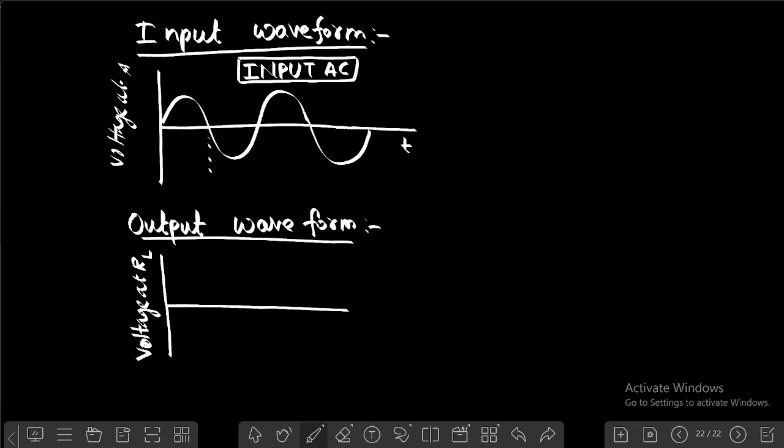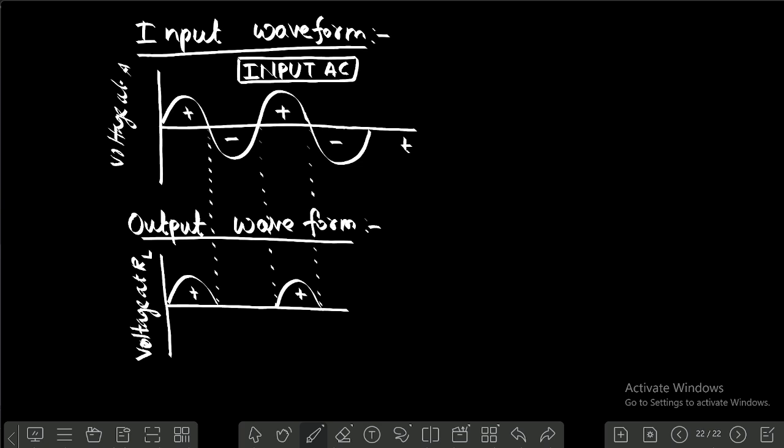If I extend this with a dotted line, the negative cycle will not come, only the positive cycle is coming. This is positive, negative, positive, negative. Yes or no? So only the positive cycle is coming.